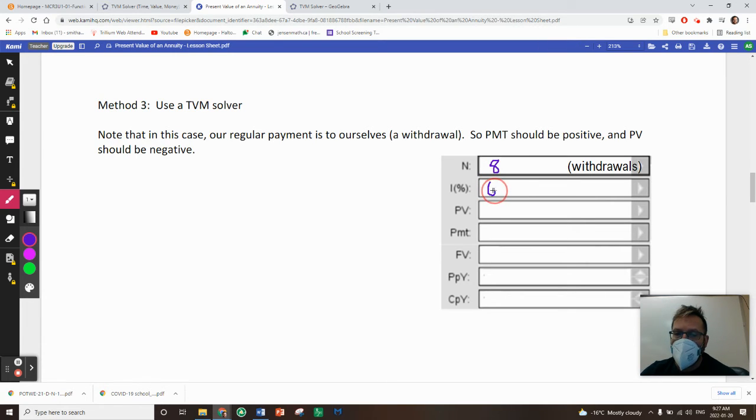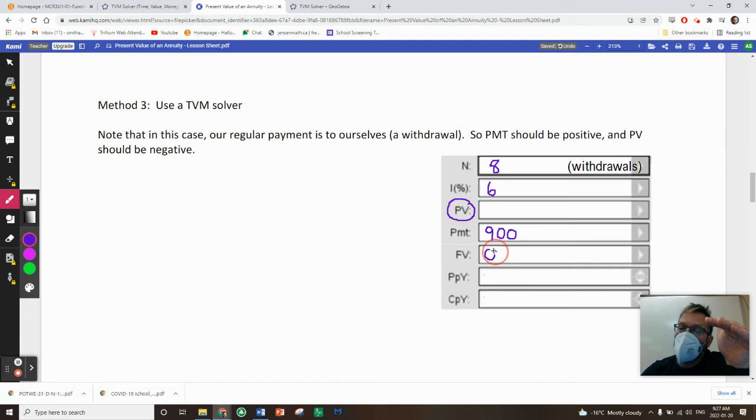Josh's whole interest rate was 6%. PV is what we're finding for in this case. So I'll circle it. PMT, so Josh is making withdrawals. He's getting money. So technically we should have our PMT being positive. So positive 900. And he's withdrawing all this money till it's gone.